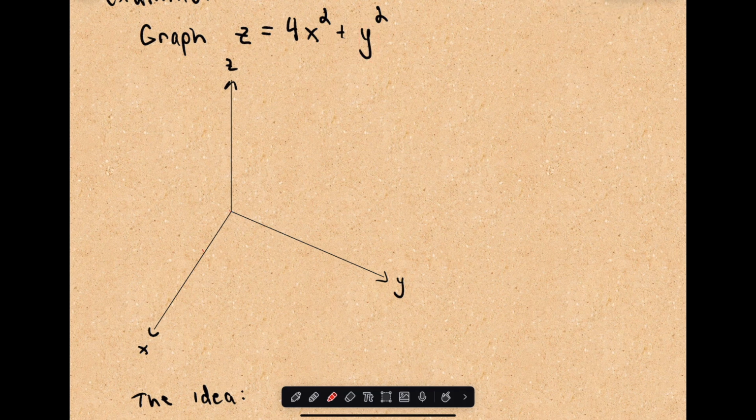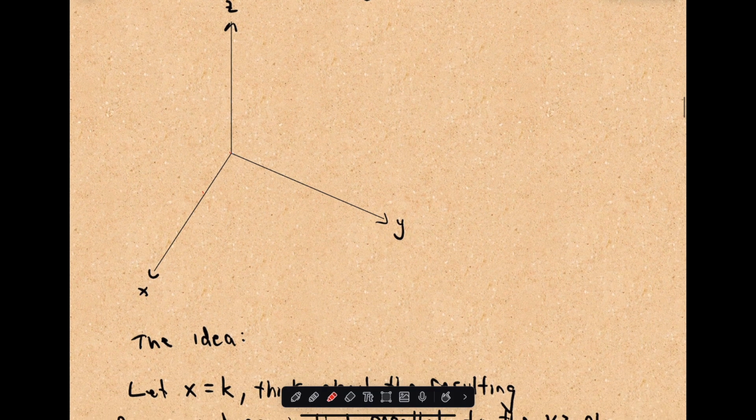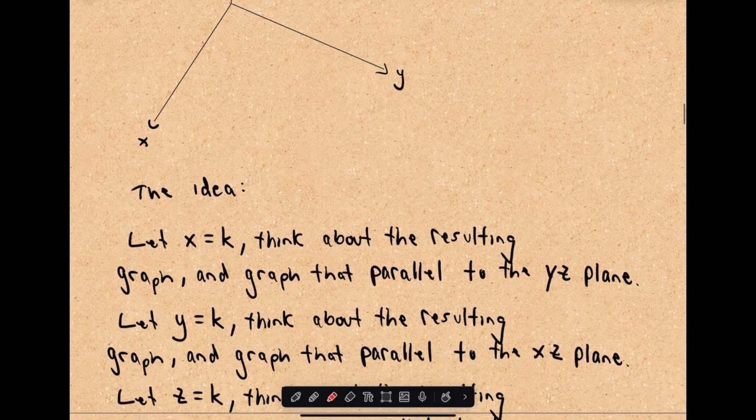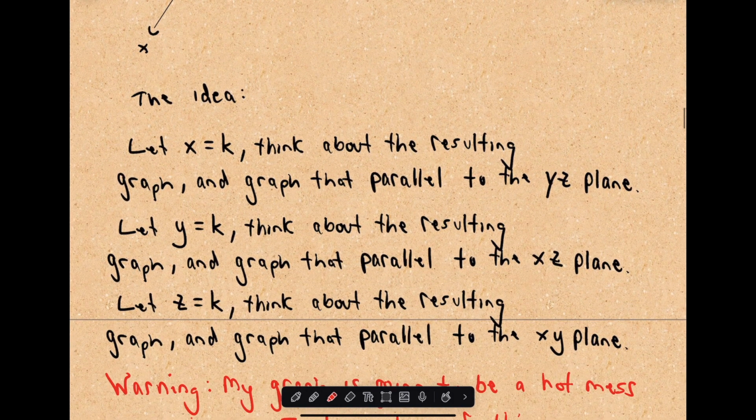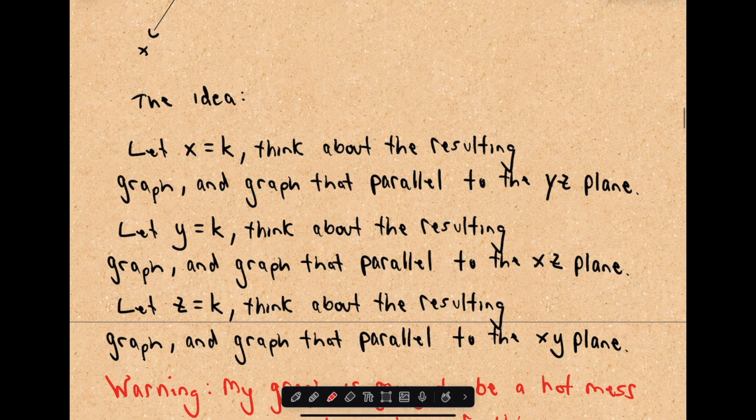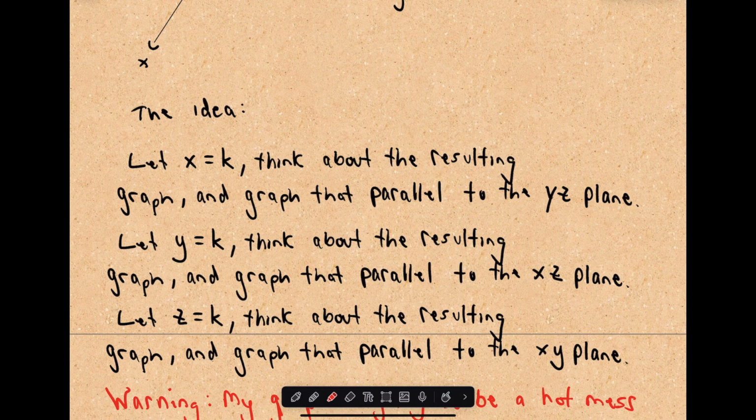Okay, so let's think about that a little bit more. Same idea: we're going to let x equal some value k, and then think about that resulting graph, which is going to be parallel to the yz plane, and it just depends on what value of x equals k you use.